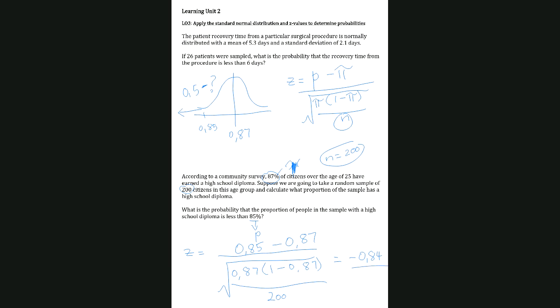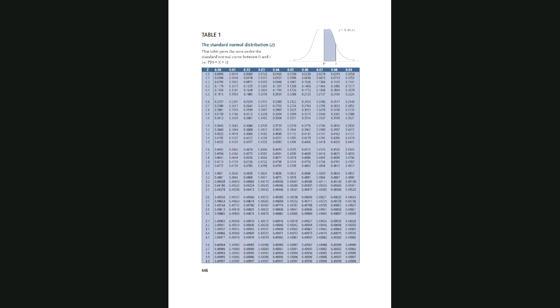which we are then going to take to table 1 of the appendix, and we're going to locate this value. So we're looking at minus 0.84. Now, whenever you have a minus sign ahead of your Z value, so it was minus 0.84, you ignore the minus sign from this point on, and you work with only the 0.84. So the first 2 digits, remember, are located vertically on this table. So we're looking for 0.8, which is here.